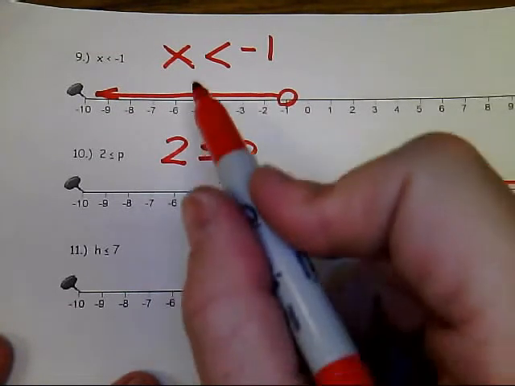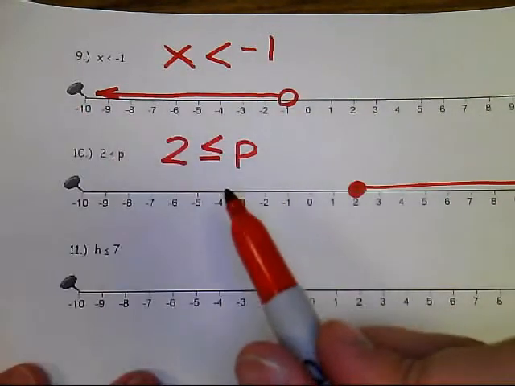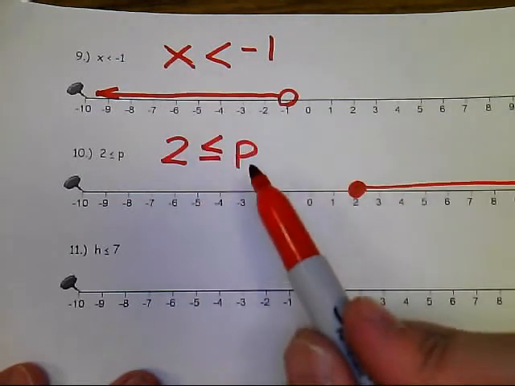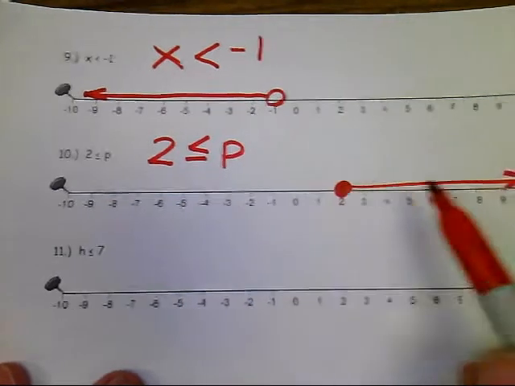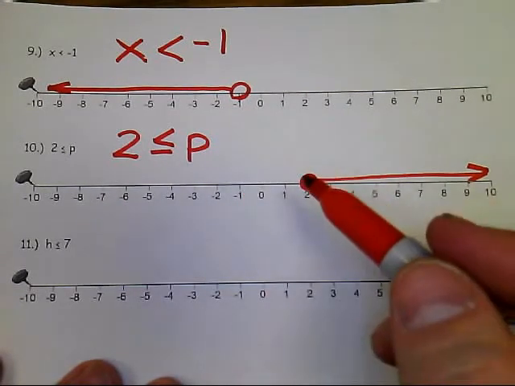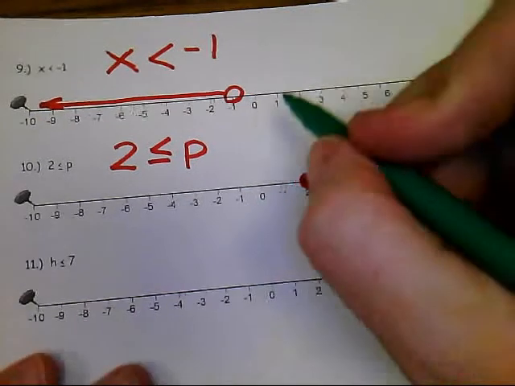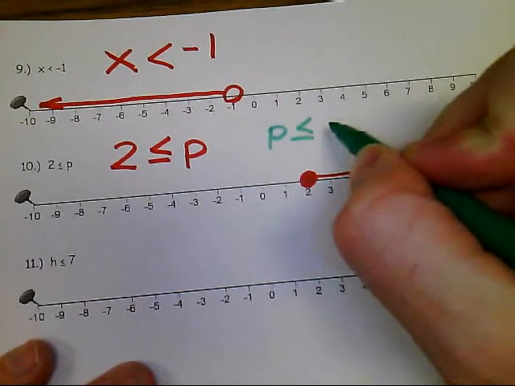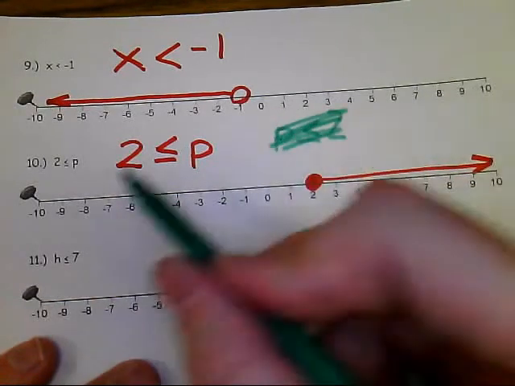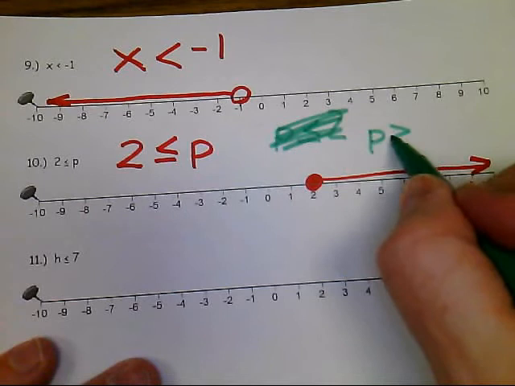Some people look at the less than symbol and think, oh, I'm just going to point my arrow to the left. That only works if your variable comes first. Here, when my variable came second, my arrow pointed to the right. Some people like to rewrite that where the variable comes first, but you clearly can't just change it like this, because that would tell a different story. If you decide to flip the order, you also need to flip your sign.